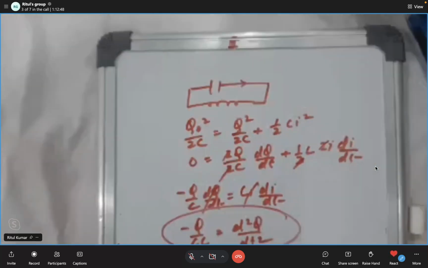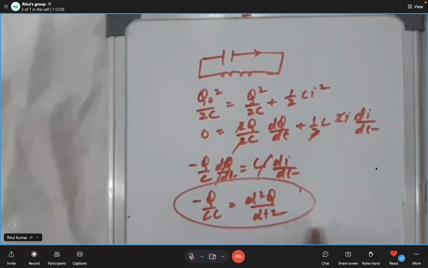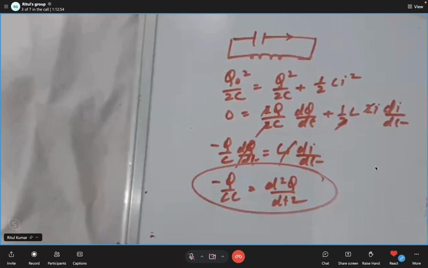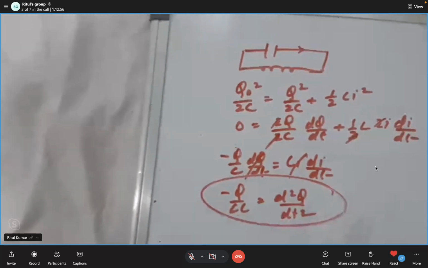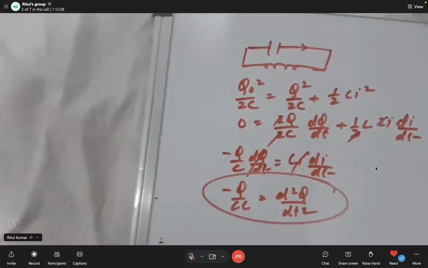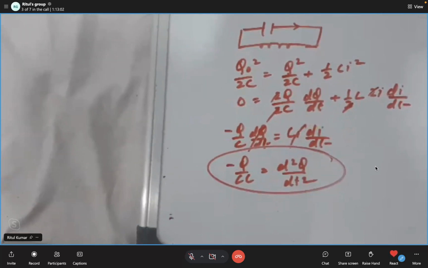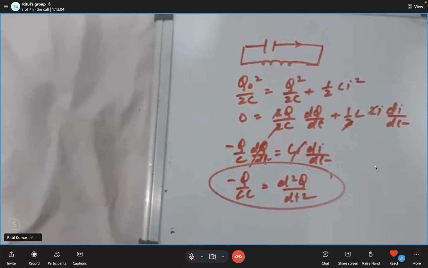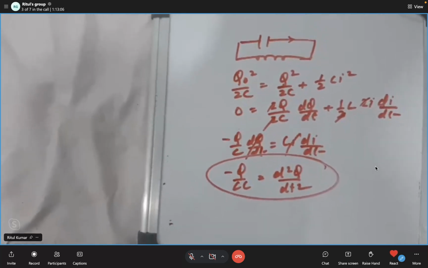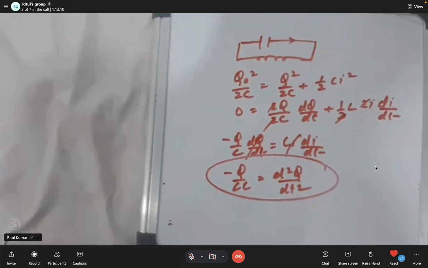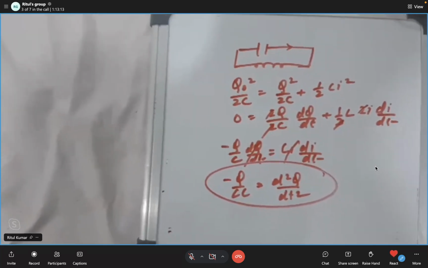So not only Q, but also i will also be simple harmonic, right? Because when we got Q from there, we'll be differentiating to get i, correct? So both are simple harmonic equations. Current and voltage, they will follow simple harmonic equation with what omega? Under root 1 by under root of LC.